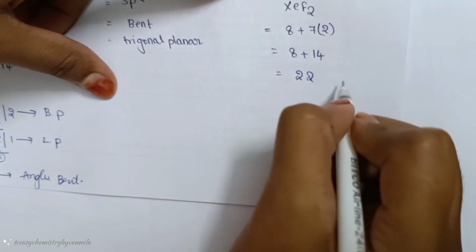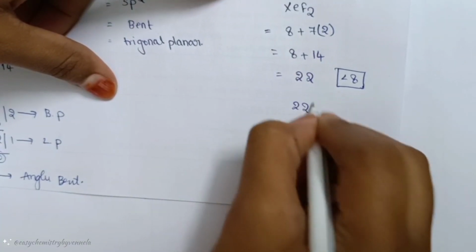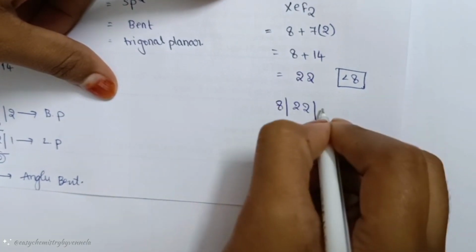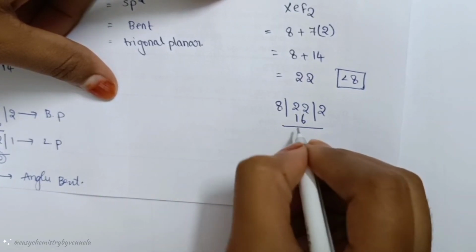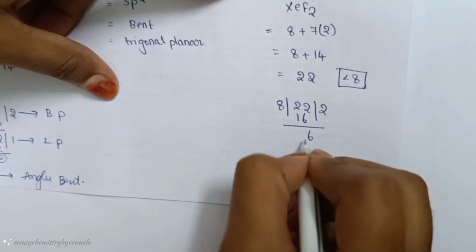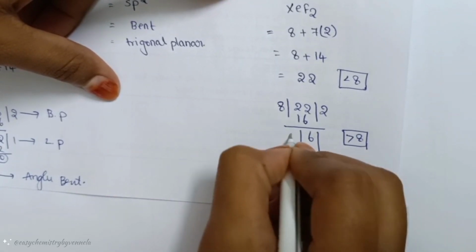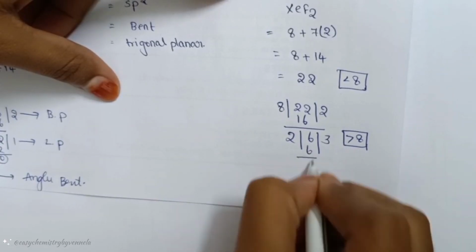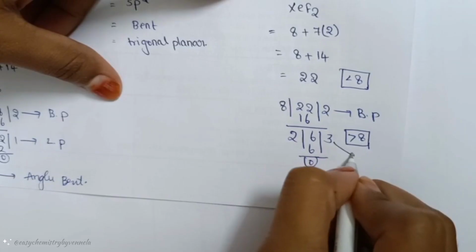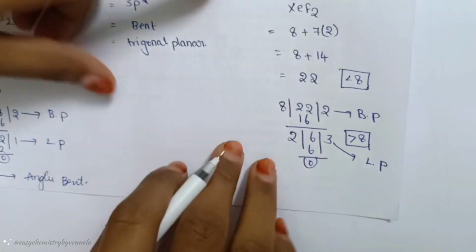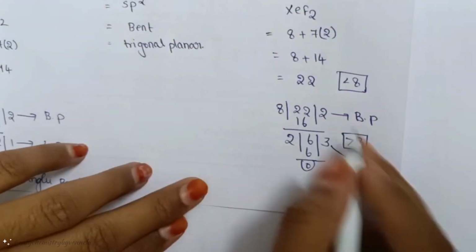So it is greater than 8, so it can be divisible by 8 only. 8 twos are 16. 22 minus 16 is 6. It is also less than 8, so it can be divisible by 2. 2 threes are 6, remainder 0. These are bond pairs, these are lone pairs. So here bond pairs 2, lone pairs 3.